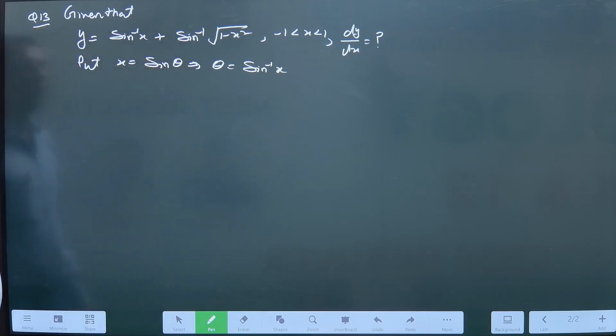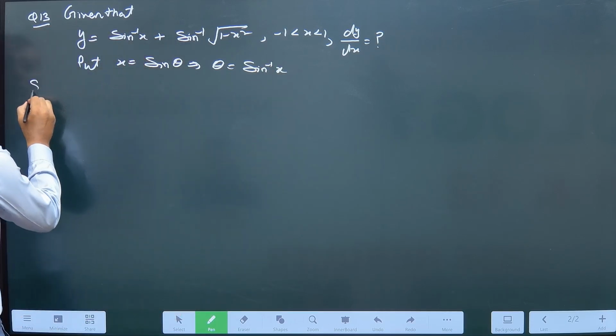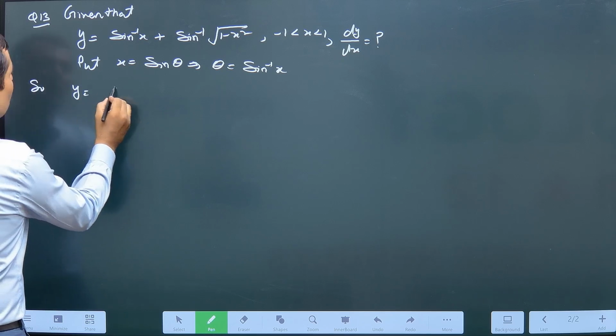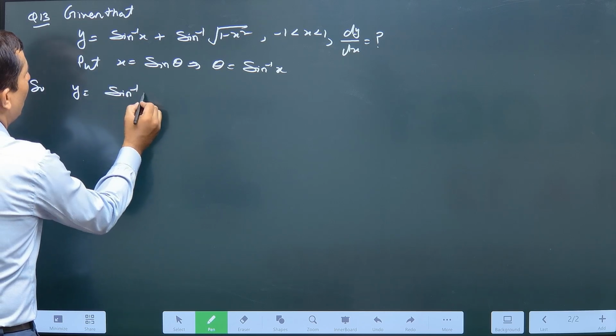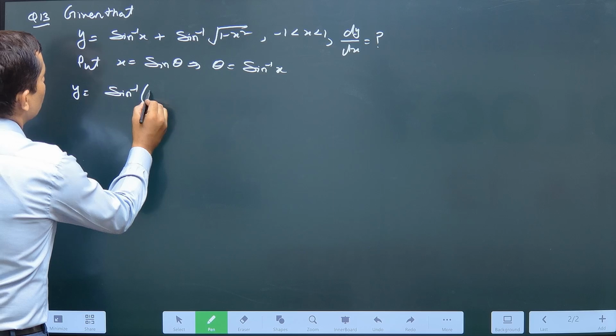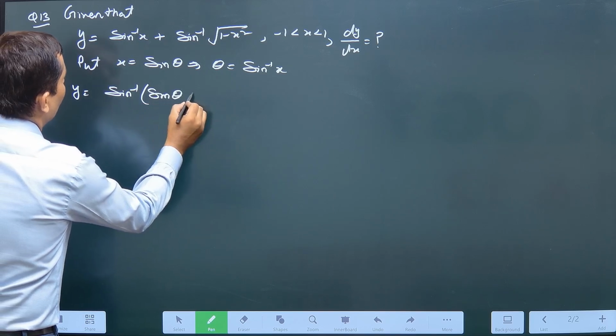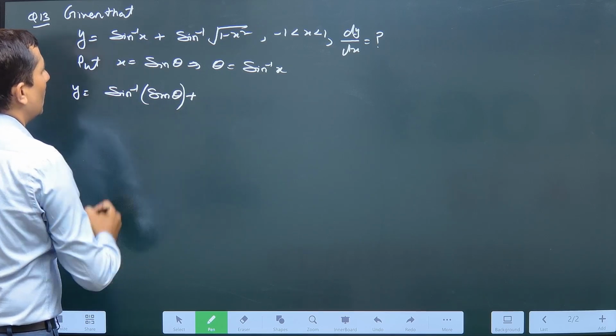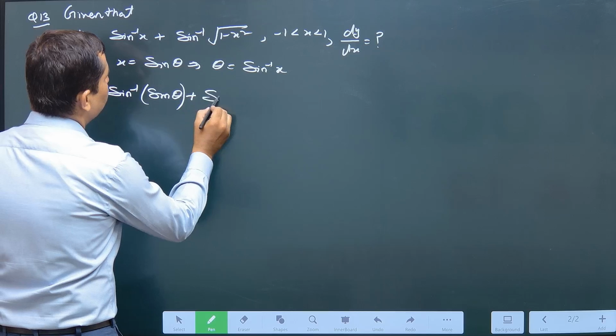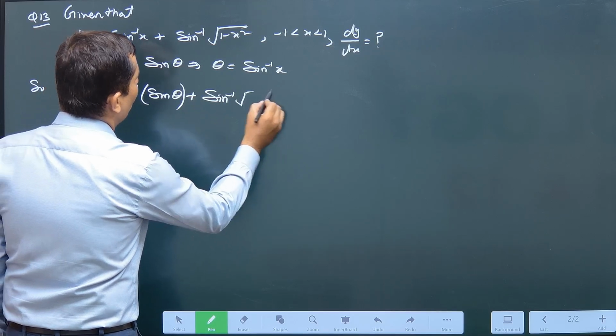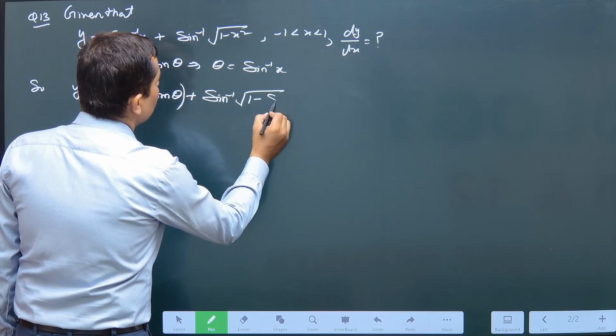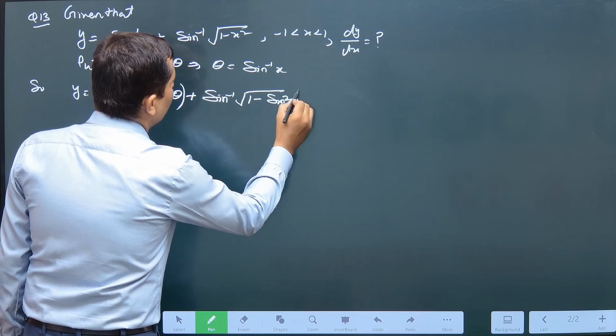Understand? So your y is equal to sin inverse sin theta plus sin inverse root 1 minus sin square theta.